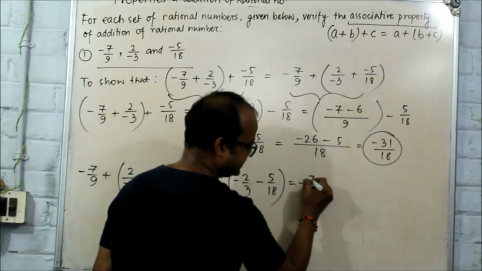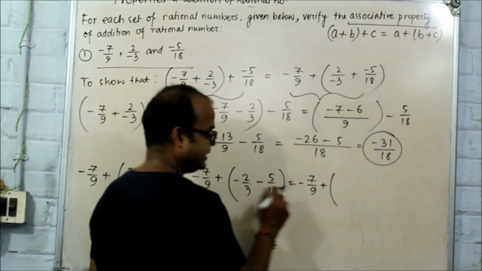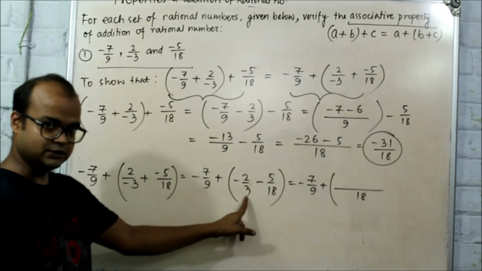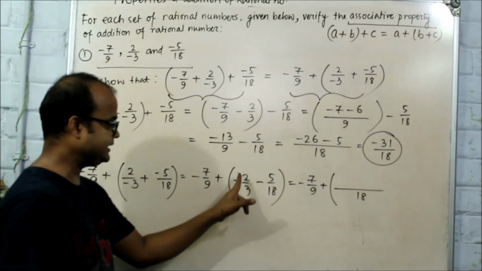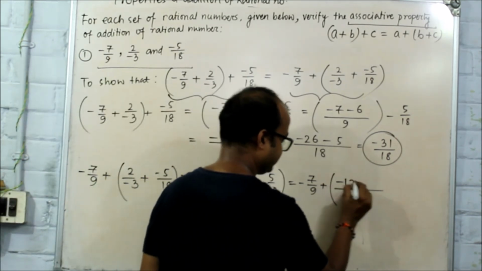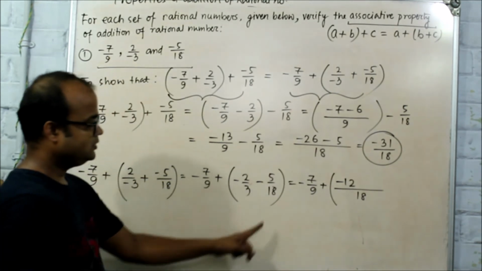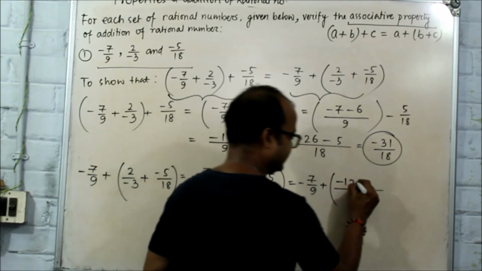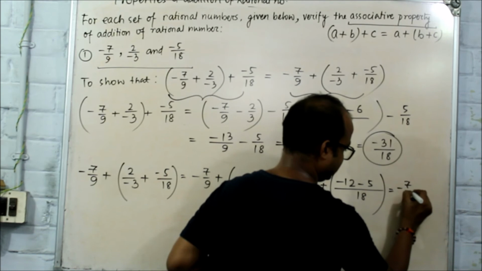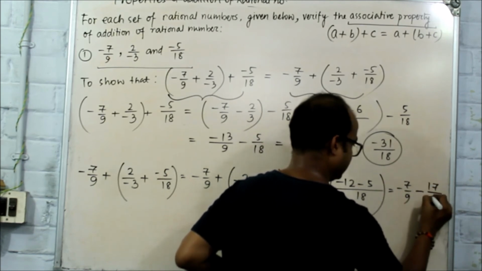So you write minus 7 by 9 plus, 18 divided by 3 is equal to 6 multiplied by minus 2, so you get minus 12. 18 divided by 18 is 1 multiplied by minus 5, so it is equal to minus 5. So you get minus 7 by 9 minus 17 by 18.